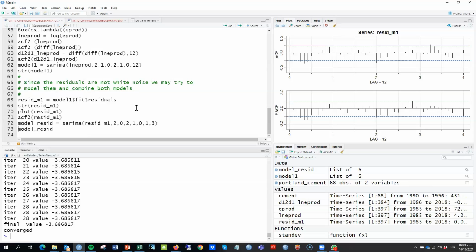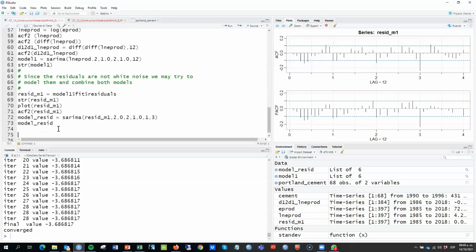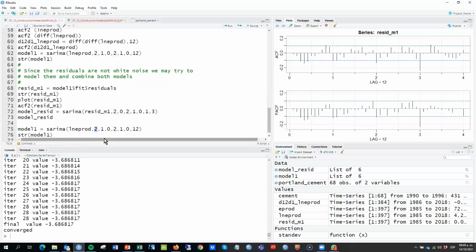Okay, so for example, let me take this model that's the first one we fit, and I'm going to change this thing. And I'm going to try to add other 2 autoregressive terms on the non-seasonal part, because this pattern is occurring not associated with the seasonal behavior of 12 months.